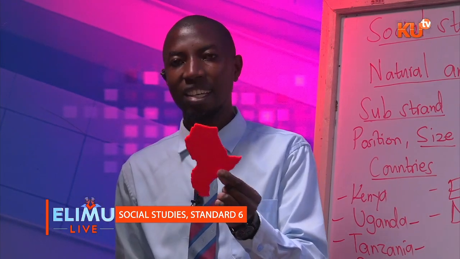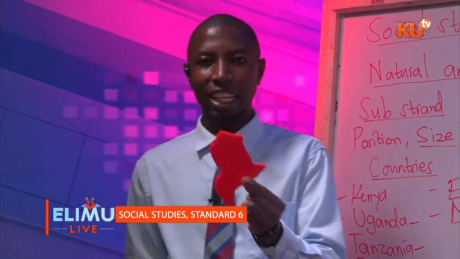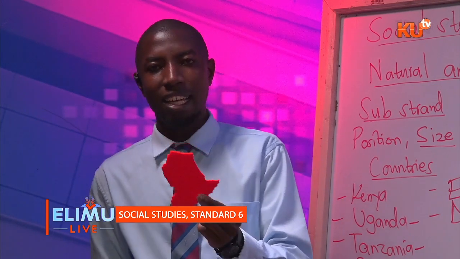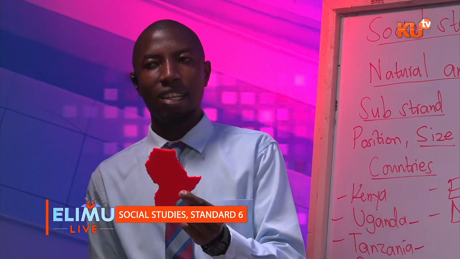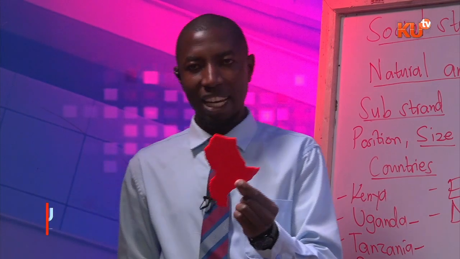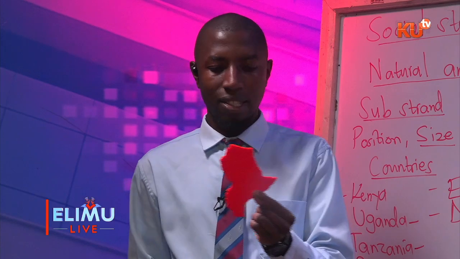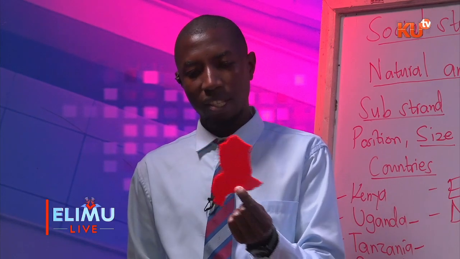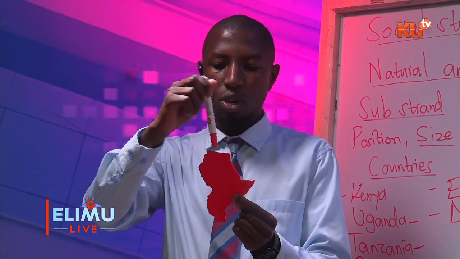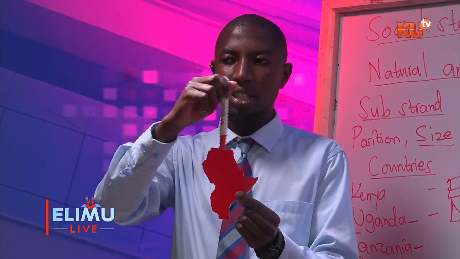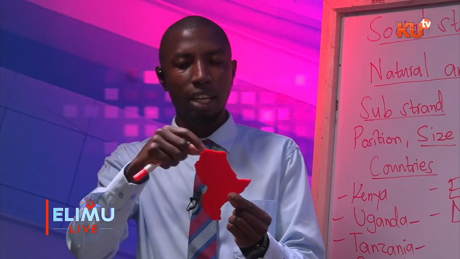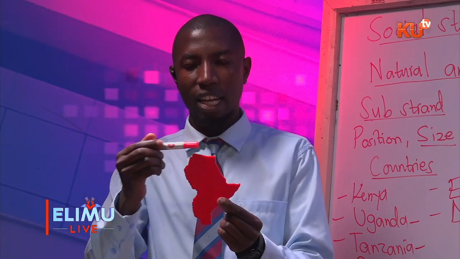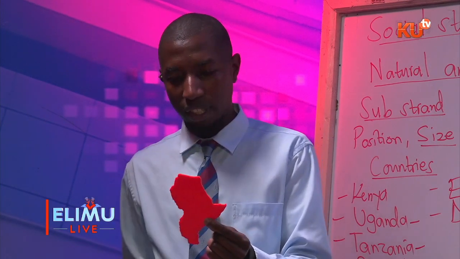And my dear students, don't say Somali. It is Somalia. That is the country. Somali is the language that they speak in Somalia. So this is the shape of Eastern Africa. Towards the top here, we have Eastern Africa bordering the Red Sea, and the countries which border it are Eritrea and Djibouti.